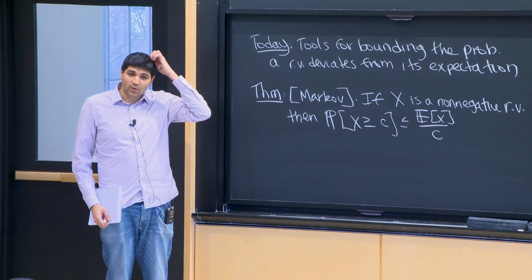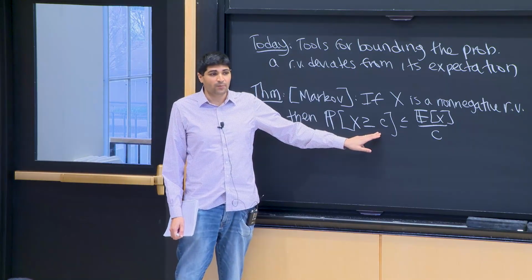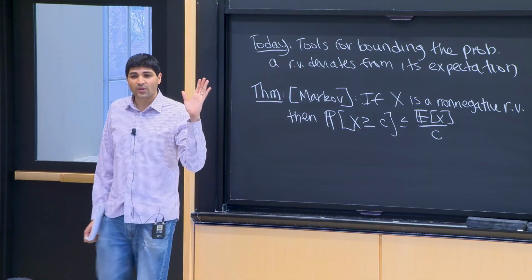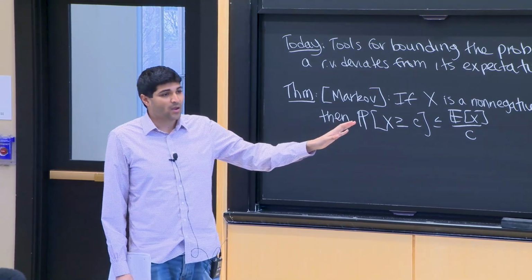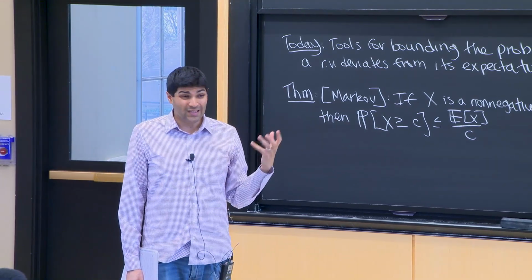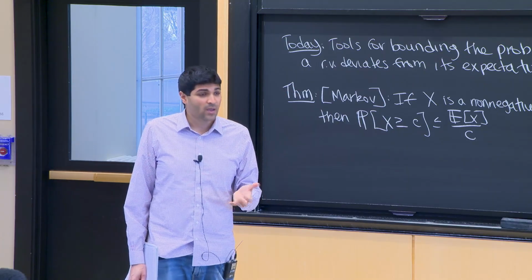So this makes intuitive sense because, if I have this non-negative random variable, as c gets larger and larger, I'm going way out into the tails of my random variable. The probability that the random variable is actually that large should be getting smaller and smaller, right?